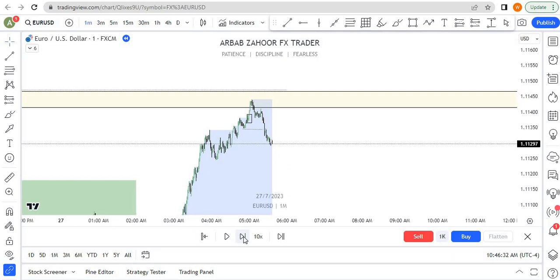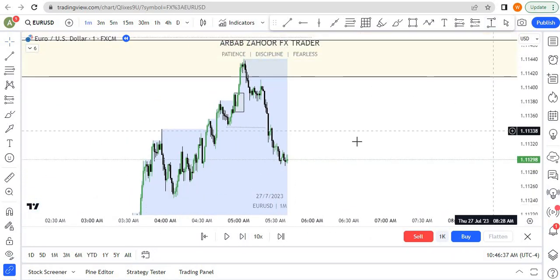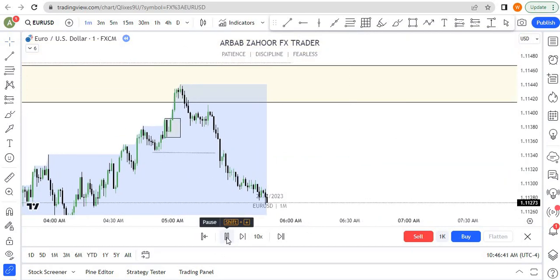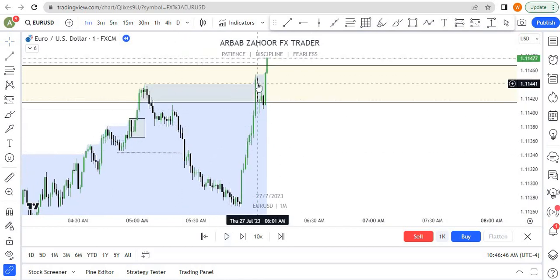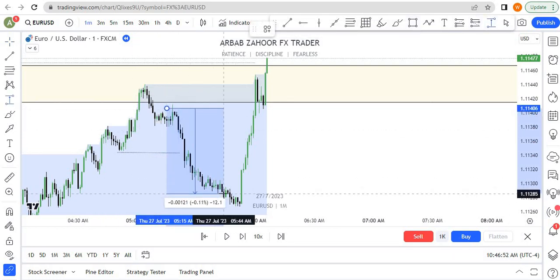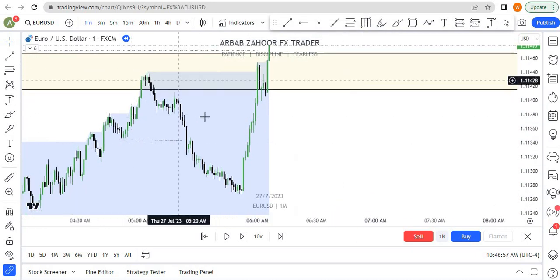Because if price gives you a liquidity zone area, you must take the counter trade, no problem. So I put it here, price came back aggressively and hit your stop loss or trapped you. Somebody made profit as well here, no doubt. 10 pips, 5 pips for some people is also good, and I was out at break even.